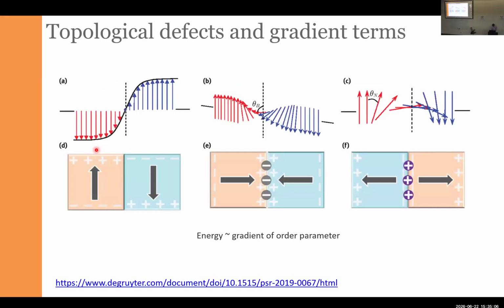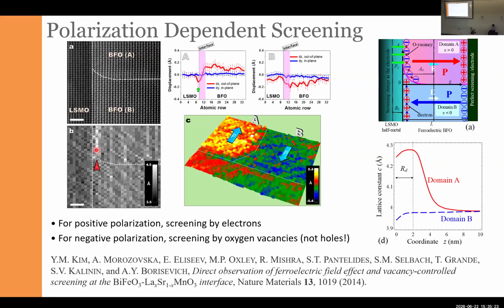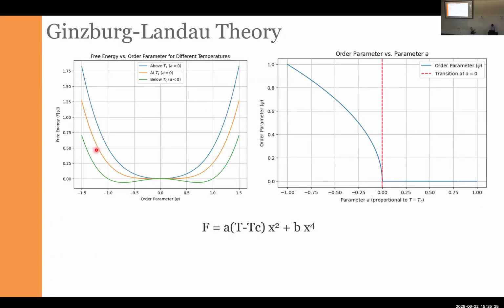So what else can we do? A very important thing in the physics of ferroelectric materials, or generally ordered systems, is what is called the topological defects. And to start with a little bit of the background for those, there are two types of phase transitions in the materials.